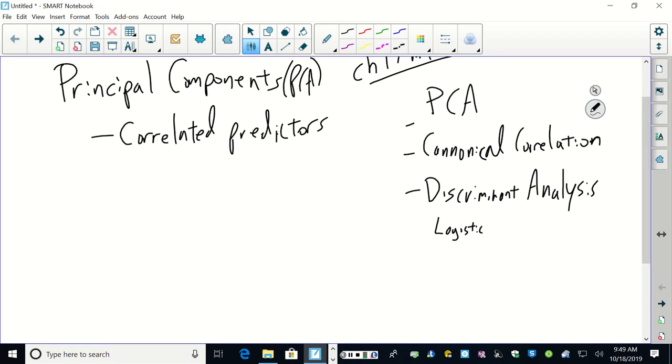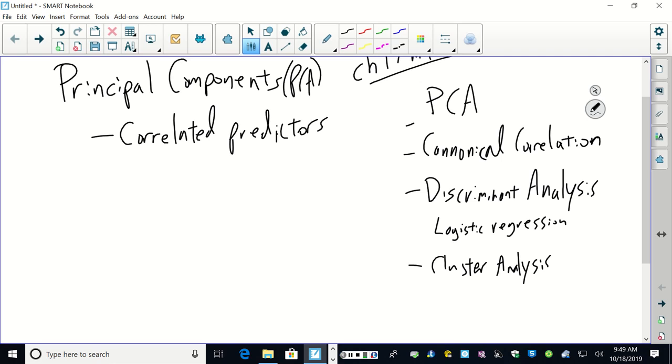We will talk about that in more detail in a later chapter, to predict membership in one group versus another. There's general cluster analysis, techniques for finding groups in data, and so on. These things are mentioned quickly in that chapter.